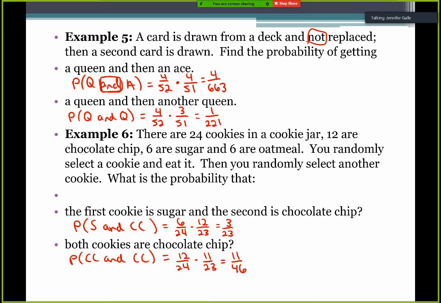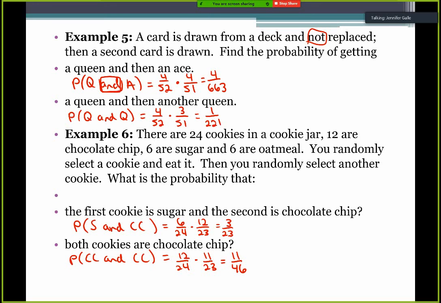I'm not going to multiply those probabilities together because I just want one student. Now, if I said I want to select two students, one junior and one female, now we would have that multiplication piece. So again, it has to be a sequence. We have to have two or more events.